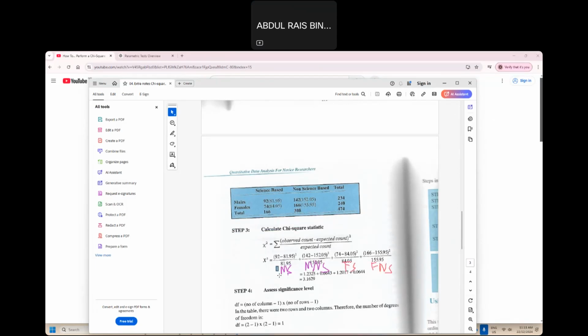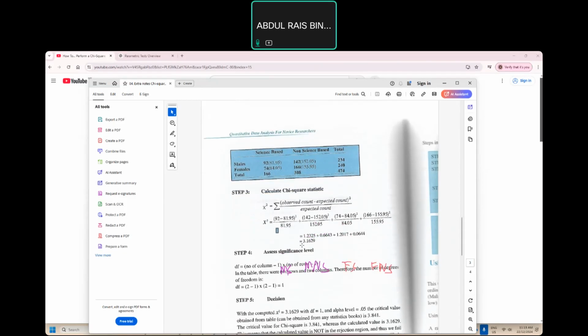Okay, the four formulations saya dah tolong categorizekan. Okay, the first one is the male, the observed count, tolak expected count, dan bagi expected count for the males yang science based. Second one is for males who do not take science courses.